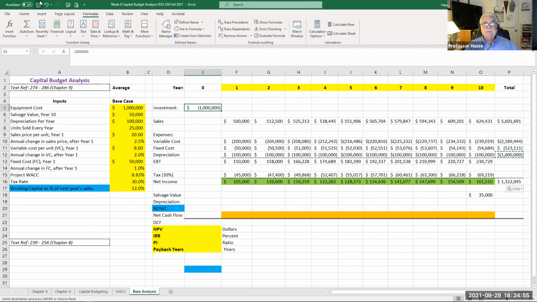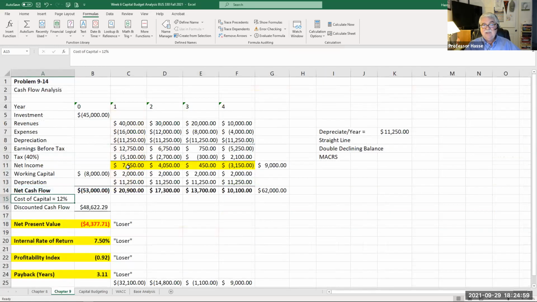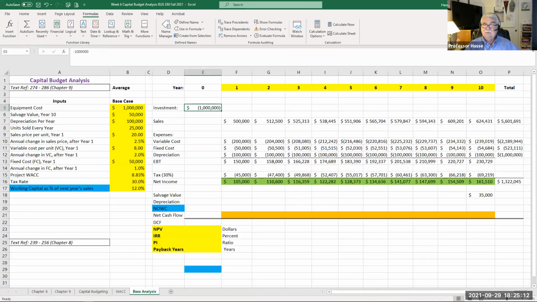Remember last week, we did this in the Chapter 9 problem. We came up with the net accounting income, and then we had other things that we had to account for to determine the net project cash flow. We're going to do the same here. Now I'm going to stop right here and take a look at this and understand what we're doing.